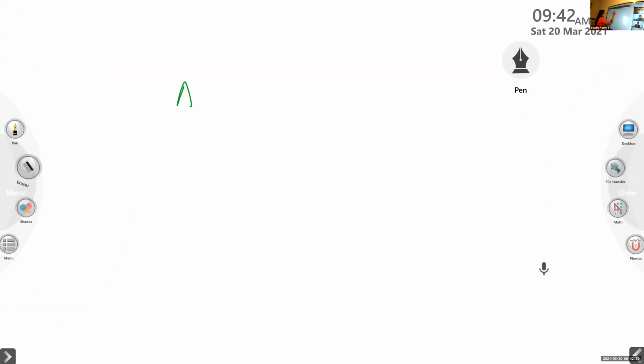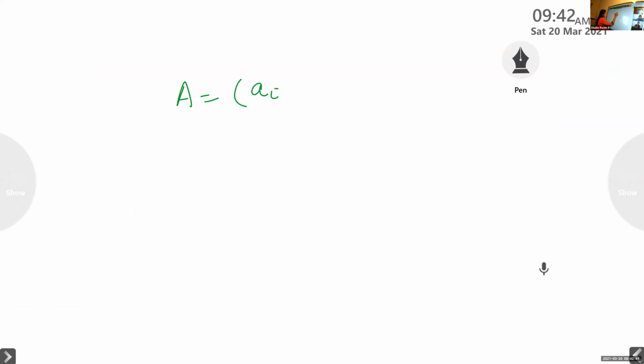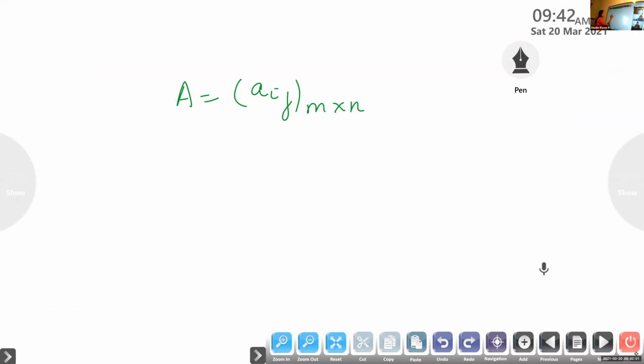Suppose A is equal to the matrix Aij, an m by n matrix, and B is equal to the matrix Bij, another m by n matrix.